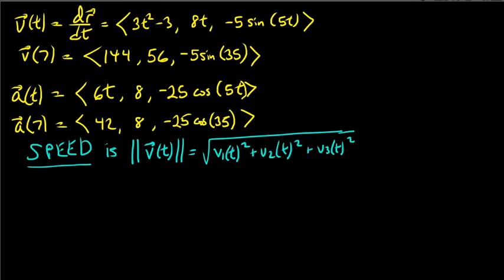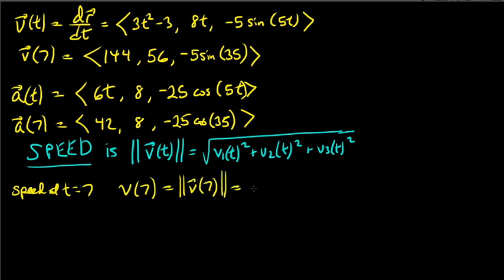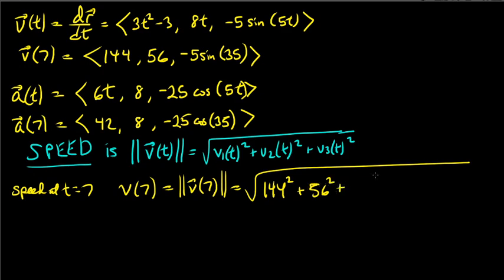While we're at it, what's the speed at time t equals 7? You can say v of 7, or the norm of the vector v at 7, and it's going to be some really outrageous number here. So we get 144 squared plus 56 squared plus, whatever number this is, negative 5 sine of 35 squared, and then take the square root of that.